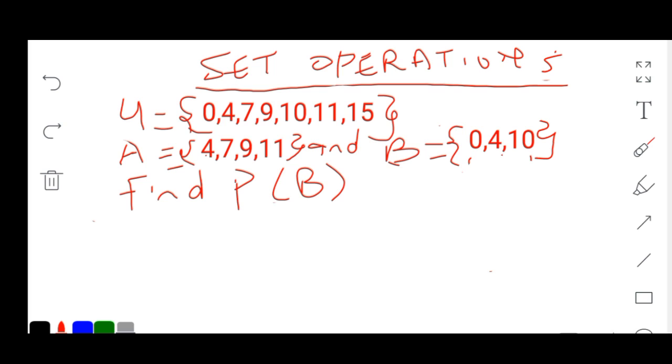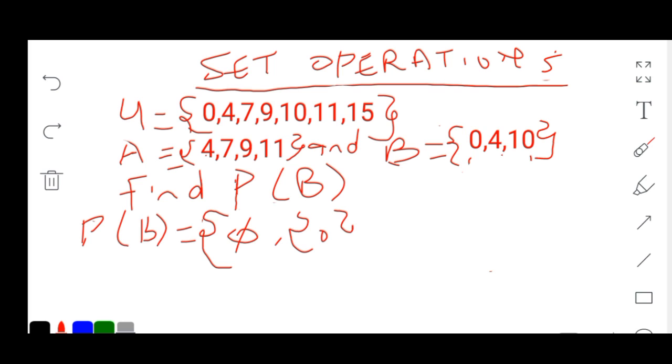Let's quickly write that. So the power set of B will be equal to what? We are going to have the empty set. Don't forget this is the sign for the empty set. Comma, {0}. We are dealing with B now, so all the subsets of B, we are going to write them out. {0}, comma, {4}, comma, we're going to have {10} also.